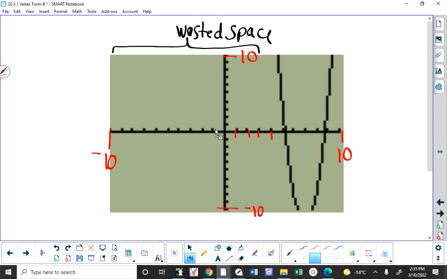And by eliminating that wasted space, it's going to take that narrow looking parabola and spread it out over the whole screen. I also, because I like to see the vertex, notice that the vertex would be down here somewhere. So maybe instead of going from -10 to 10 for y, I'll go from -15 to 10.